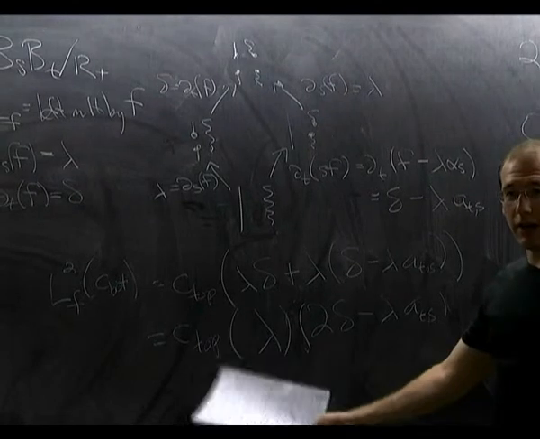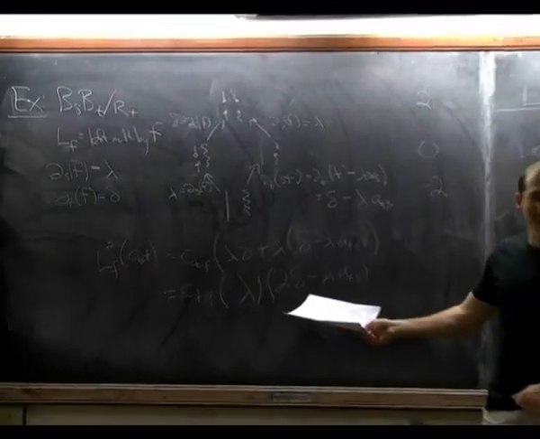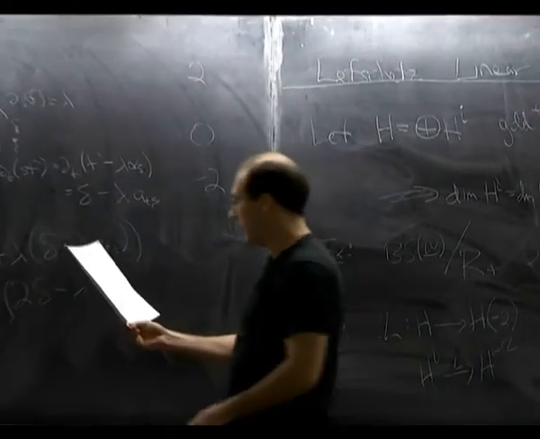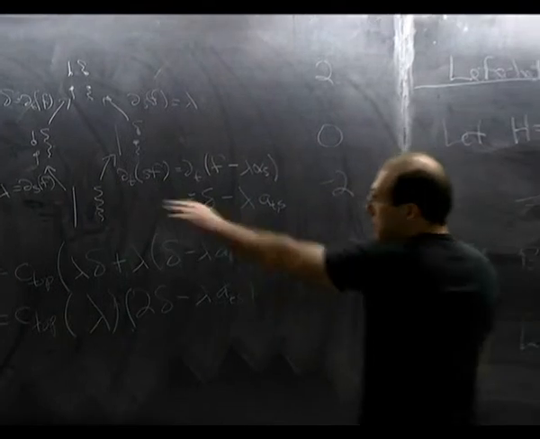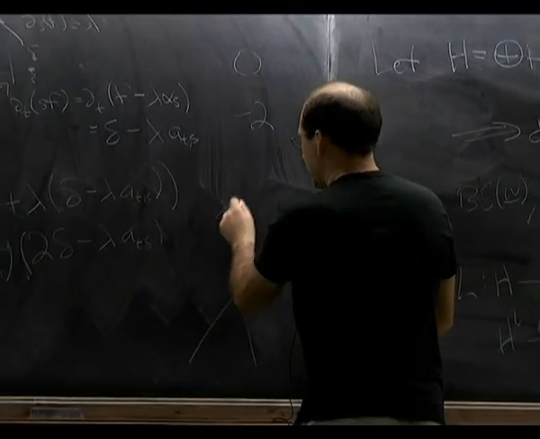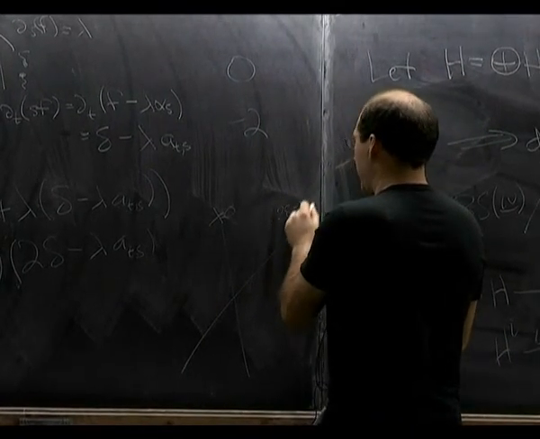Times the product of two scalars. So this is non-zero precisely when either lambda is non-zero or 2 delta is not equal to lambda times alpha TS. So you see that there's a whole space of operators. Here's lambda equals 0. Here's 2 delta equals lambda ATS.